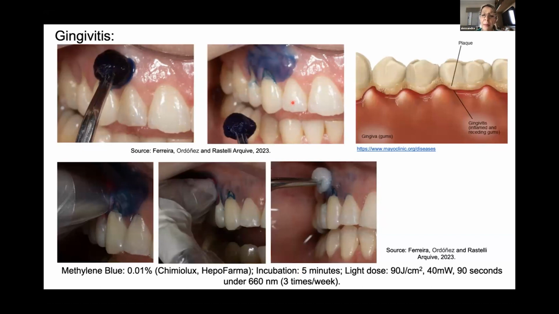This especially happens when we have the application of photodynamic therapy over cancer cells, for example.